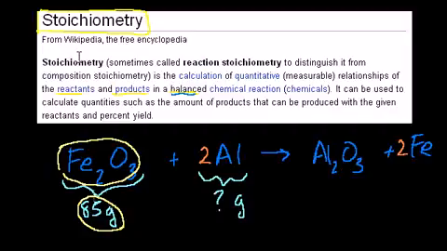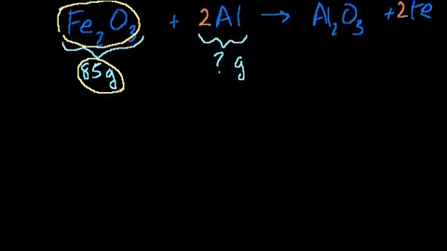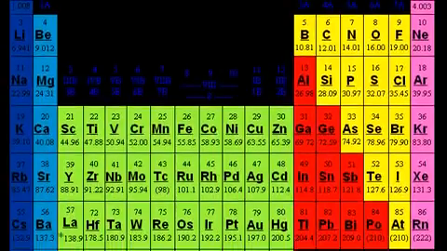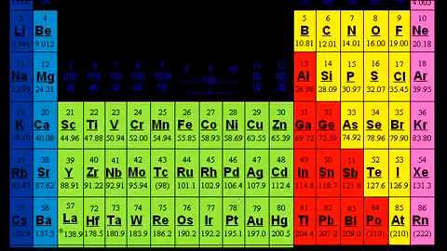So let's first figure out how many moles 85 grams are. What's the atomic mass, or the mass number, of this entire molecule? We have 2 irons and 3 oxygens. Let me go down and figure out the atomic masses of iron and oxygen.